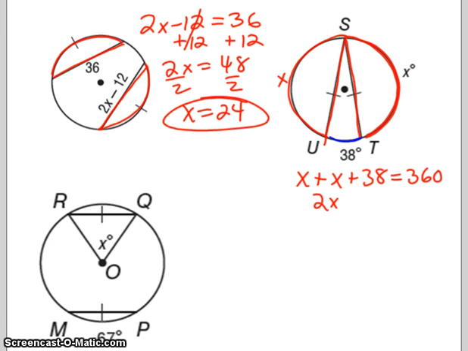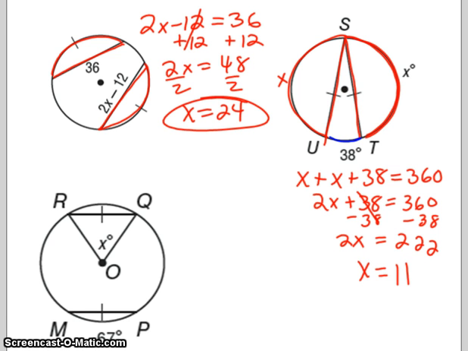Alright, 2x plus 38 equals 360. 2x equals 322. Oops, sorry, 222. So x equals 111.